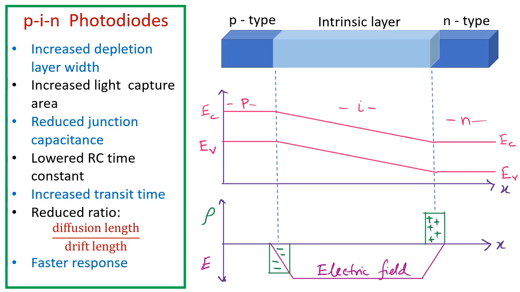So this is the usual setup. What you have is the p-type doping on one side, the n-type doping on the other, and intrinsically separated them out with a region that is undoped, literally.